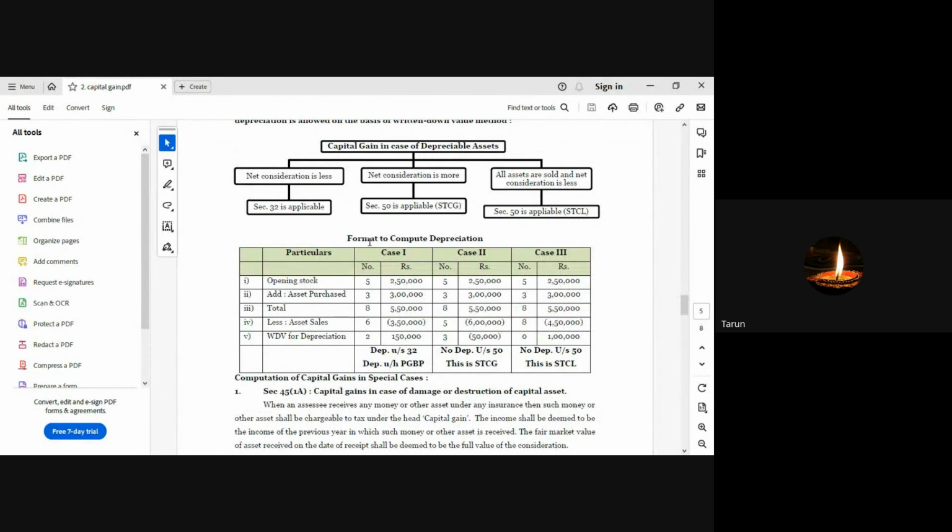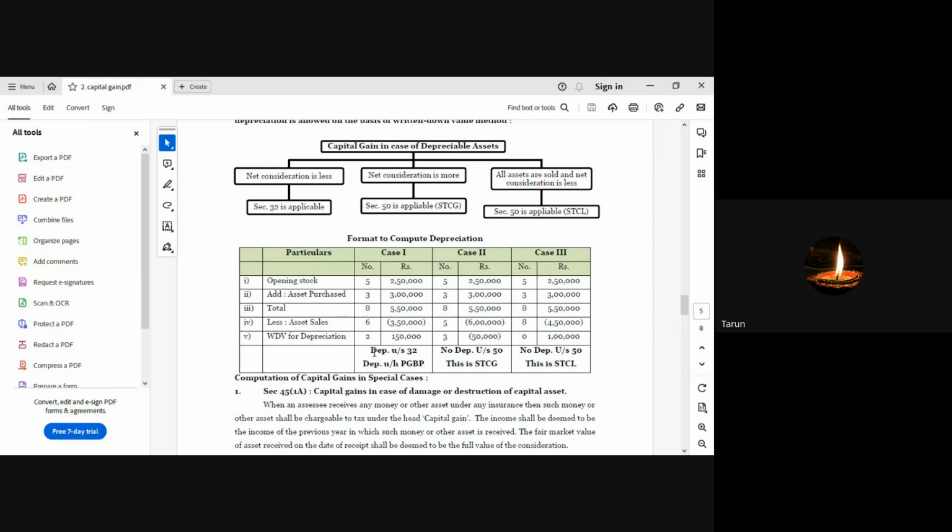I believe you already know how to calculate depreciation: opening stock plus assets purchased, then we total it, then we deduct the asset sales, using the written down value method for depreciation. These are the examples with the values given.